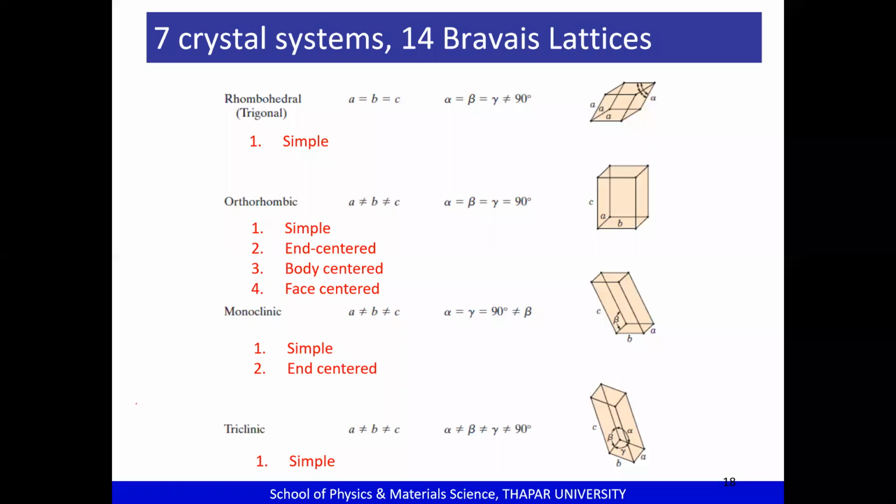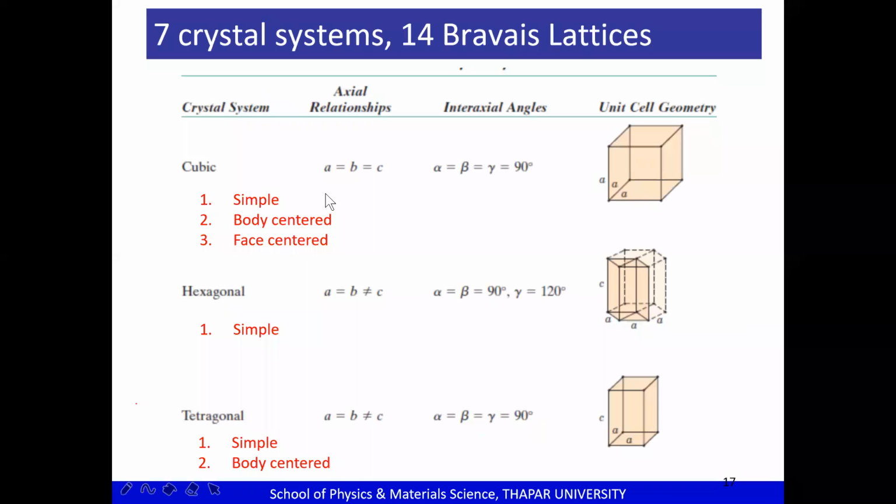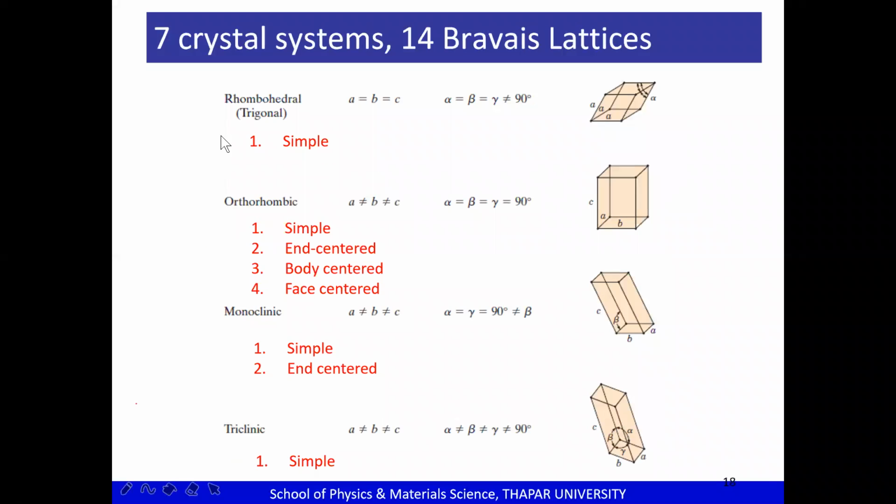So if I count the total, for cubic there is 3, hexagonal 1, so 3 plus 1 is 4, tetragonal 2, so 4 plus 2 is 6, rhombohedral 1, 6 plus 1 is 7, orthorhombic 4, 7 plus 4 makes 11, monoclinic 2, 11 plus 2 is 13, and triclinic is 1, so the total is now 14.